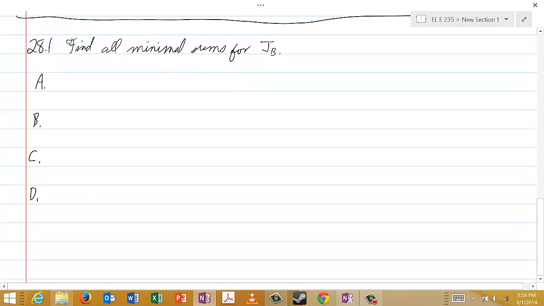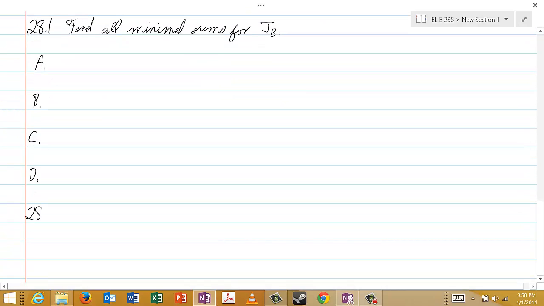And then 28.2, find all minimal sums for KB.